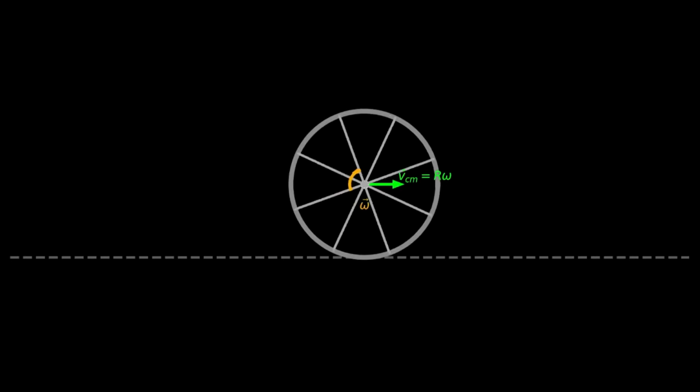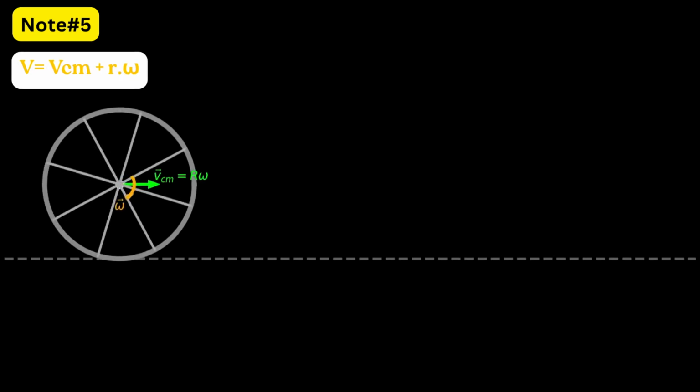As you know, rolling motion is a combination of both rotation and translation. That is, it is moving as well as rotating. Hence, the velocity of each point on the wheel would be the vectorial sum of both the translatory velocity component as well as the linear velocity due to rotation. Is there a relationship between the translatory velocity and the linear velocity due to rotation?